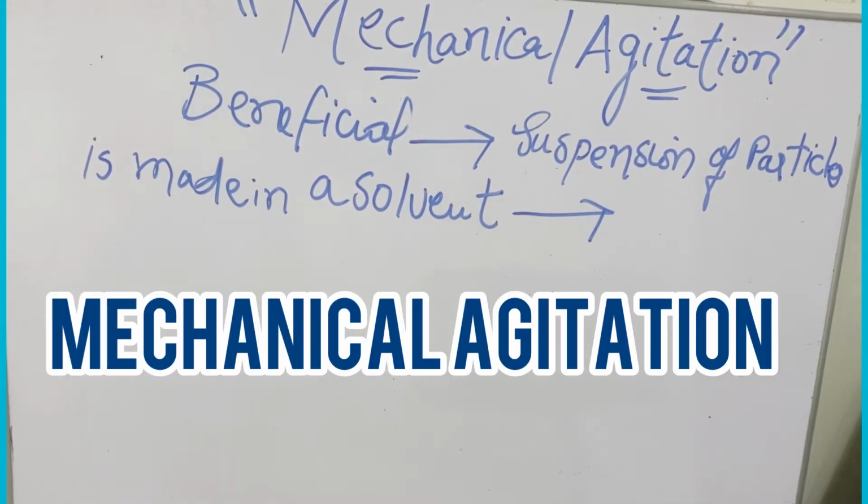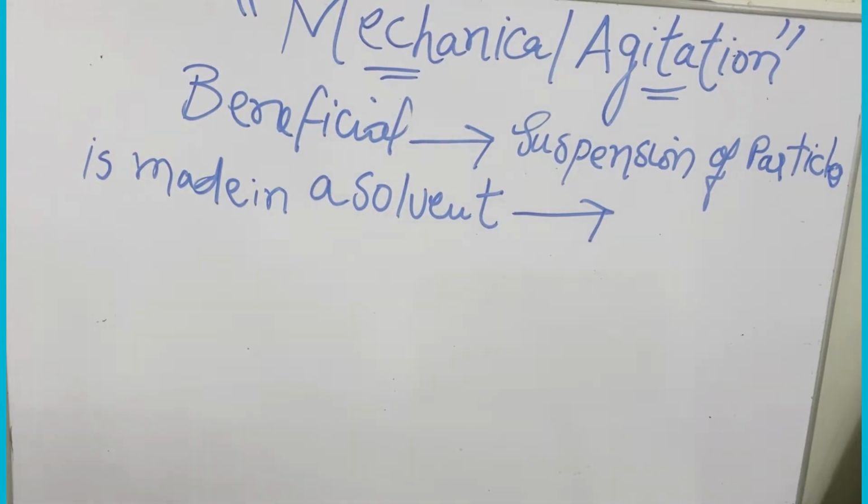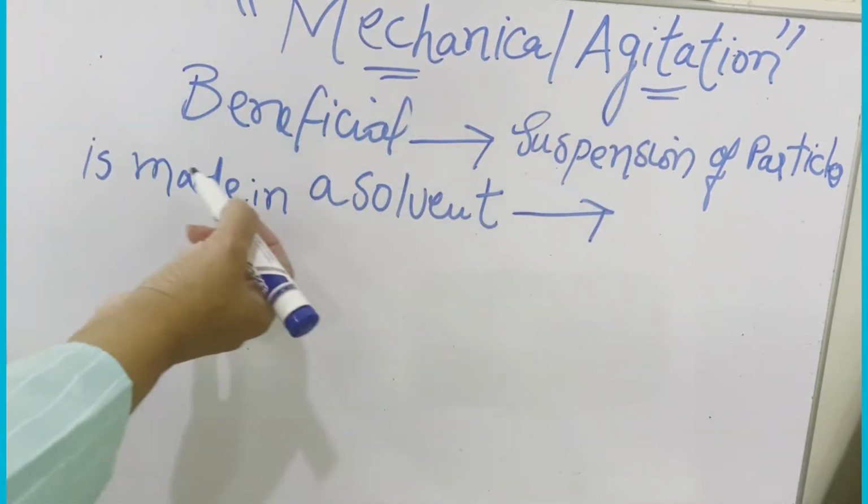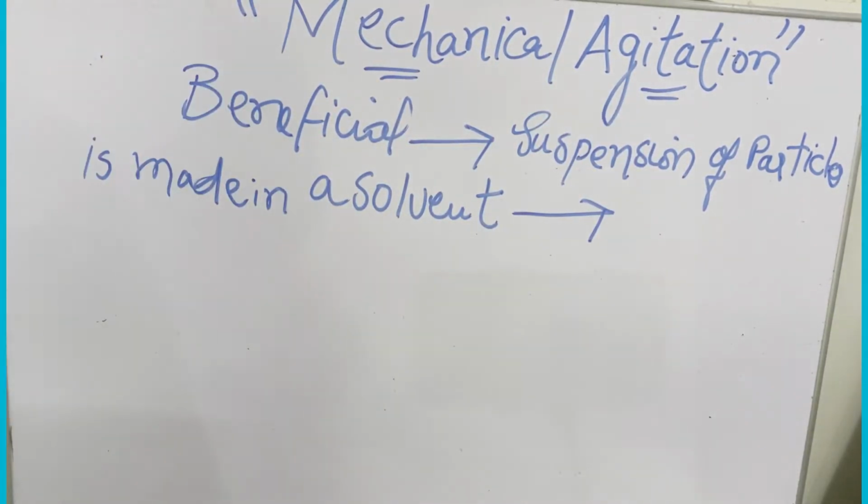So as I was just telling you, we are now going to discuss different types of agitation or stirring methods. The topic I've selected is mechanical agitation, and how it is useful and beneficial.